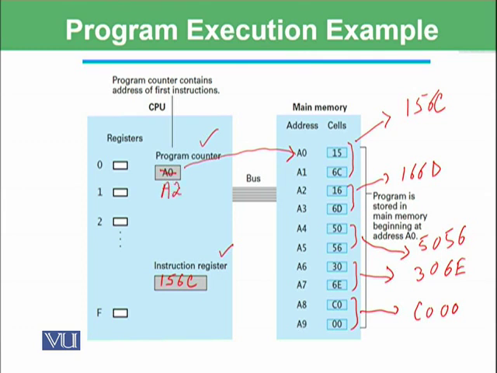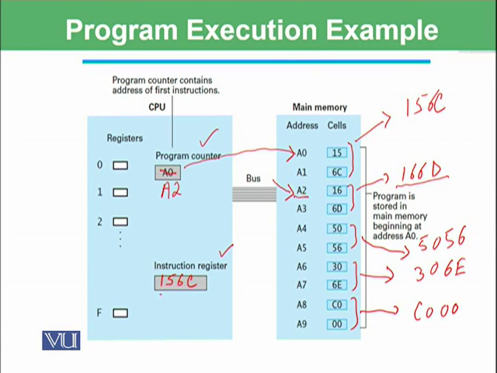We have incremented by the value of 2 because our instruction is residing in 2 consecutive locations. So the next instruction starts from A2. Therefore, when the instruction 156C has been executed, next time the computer should fetch the instruction 166D, and that instruction starts from main memory address A2.